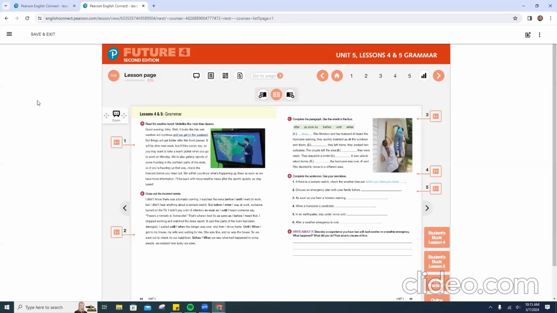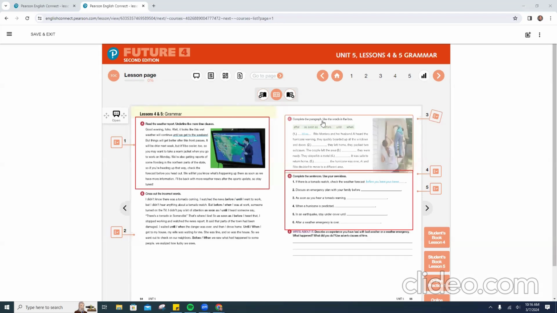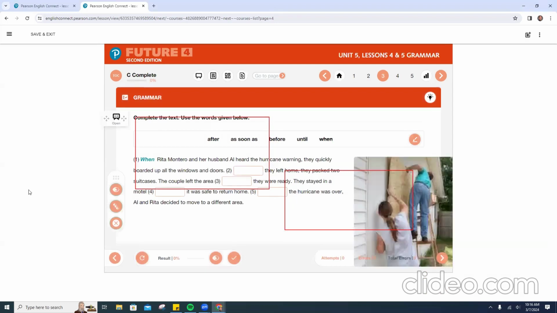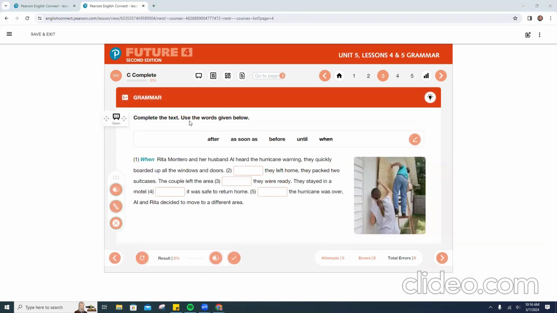Okay, so in class, when we met on Wednesday, we had done part D. Right now we did part A. Now let's go ahead and look on page 55 and look at part C. So we're going to look at this one right here, part C. It says, complete the text.